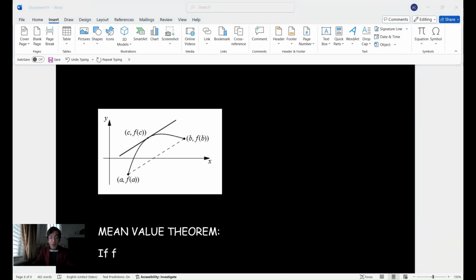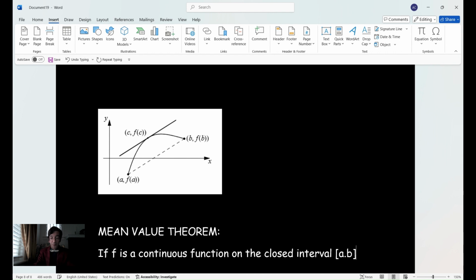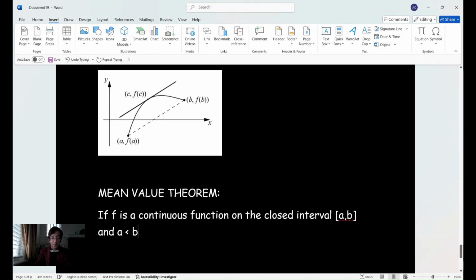So always, again, continuous function, and it's always on the closed interval, and a has to be less than b, of course. And we have to say that f is differentiable on (a, b).